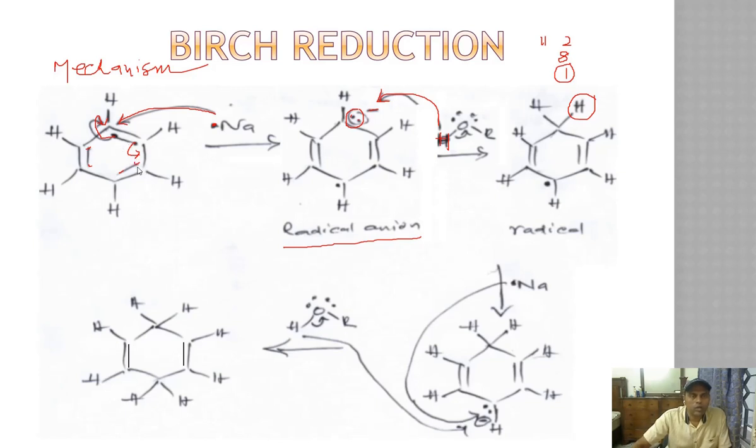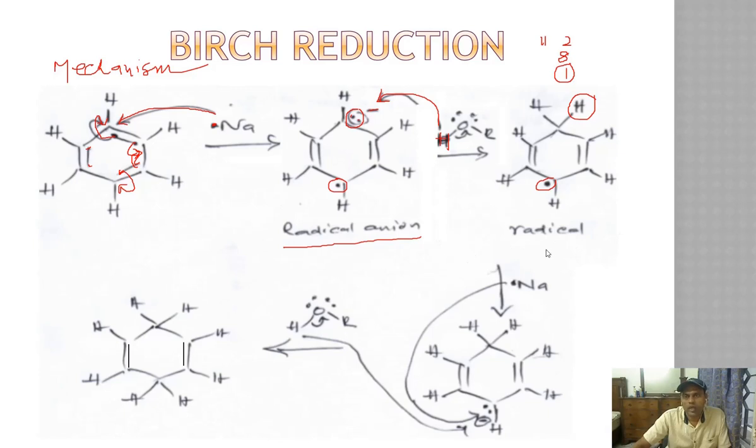Subsequently, where is the double bond coming from? 1 electron from here and 1 electron from this bond. So another electron from this is going to shift to this carbon. So that is what the dot over here is, the electron from this pi bond.